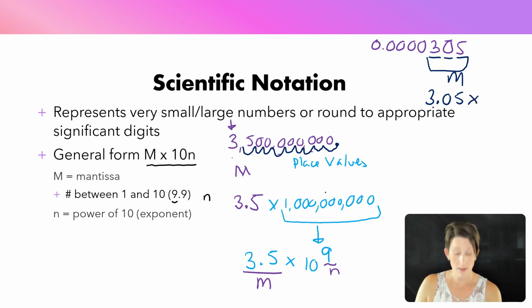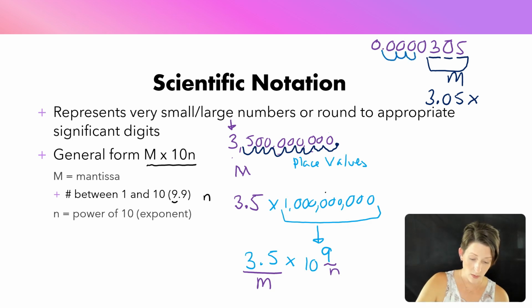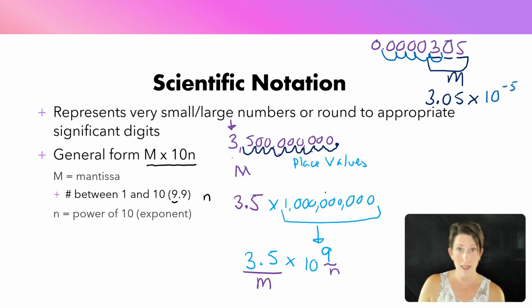How many times are we moving that decimal to put the 3 in the ones place? 1, 2, 3, 4, 5. So that means it is 10 to the negative 5. Note that when you have a positive exponent, you have a large number, a number above 1.